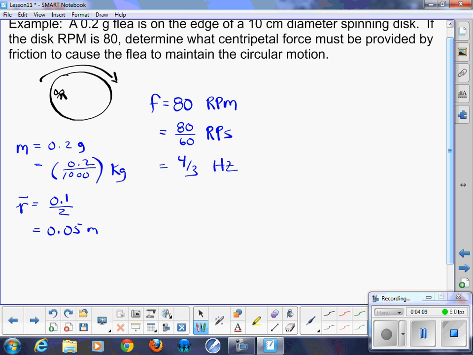So what information is given here? What are we dealing with? Well, I have a frequency, I have a mass, I have a radius, and we know that the flea wants to fly off, okay? And this is where some confusion lies. We know force centripetal is technically always toward the center of the circle.